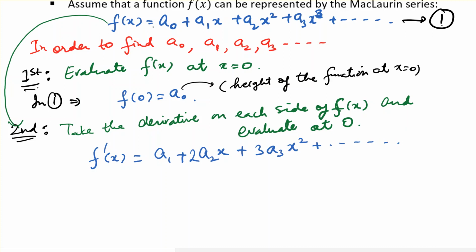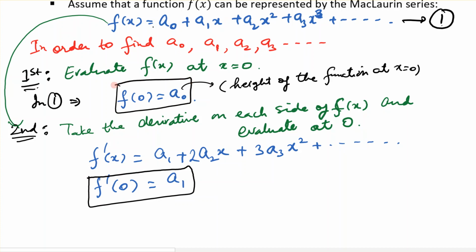Now we evaluate this at x equal to 0. All the other terms become 0, and we get a1 is equal to the slope of the function at x equal to 0.